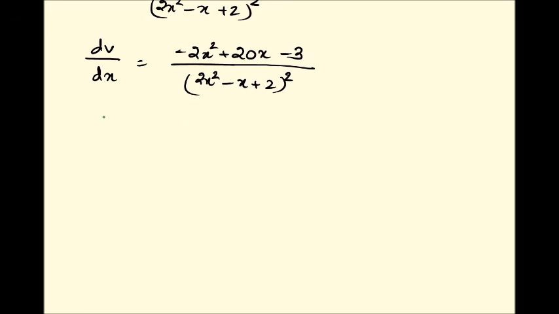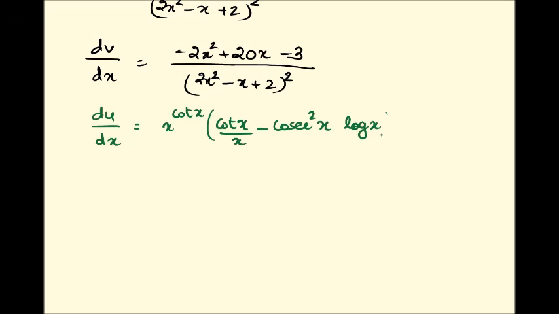We already found du by dx, that's equal to x to the power cot x into cot x by x minus cosec square x log x. So dy by dx is equal to du by dx plus dv by dx.